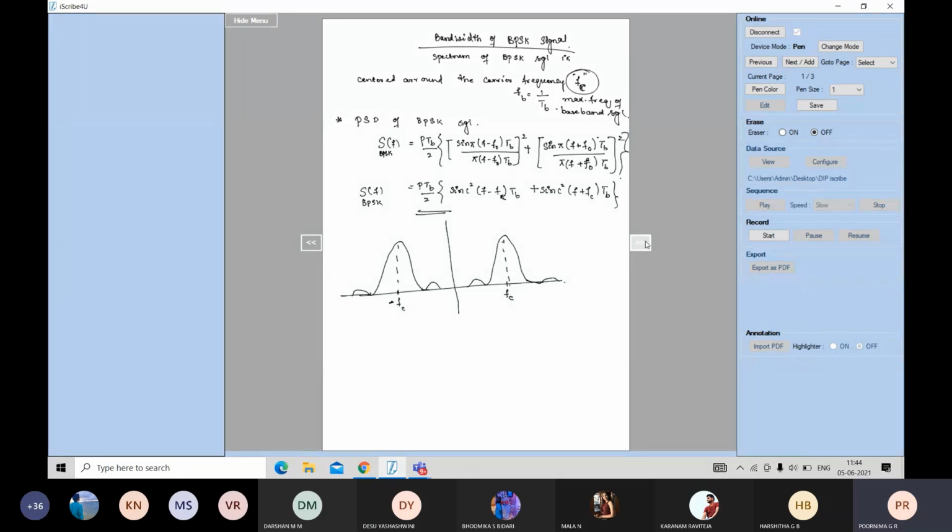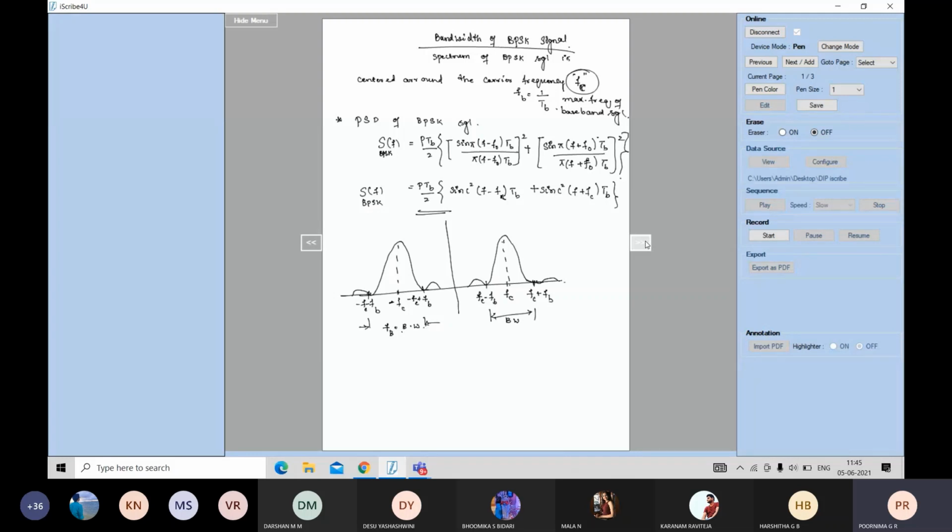Since the signal has a bandwidth of FB, here it is FC plus FB and FC minus FB, and on the other side minus FC minus FB. That is the complete bandwidth. When calculating for any one symbol, this will give only FB here. That is the bandwidth of your signal.